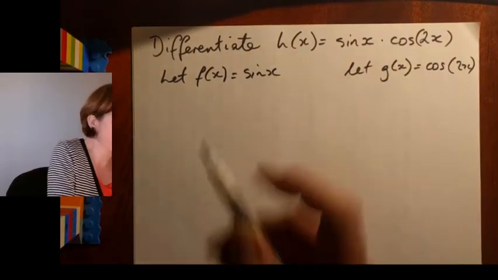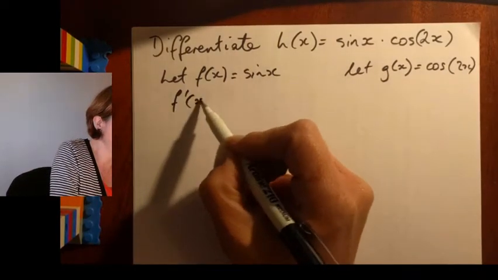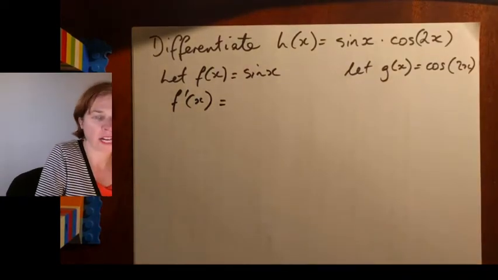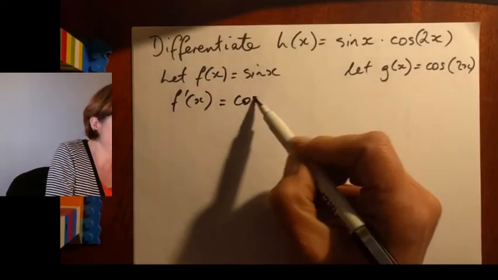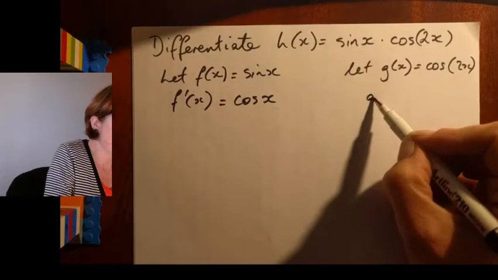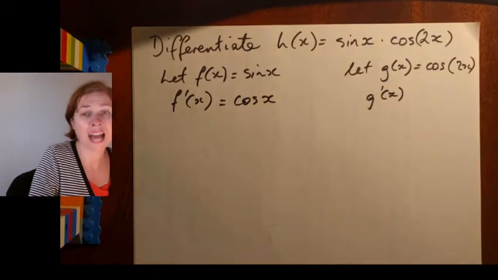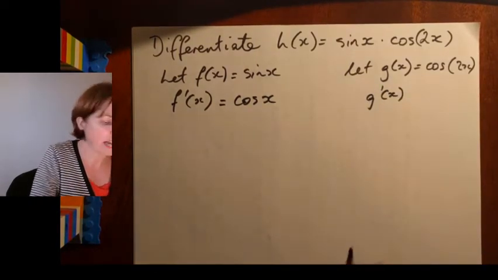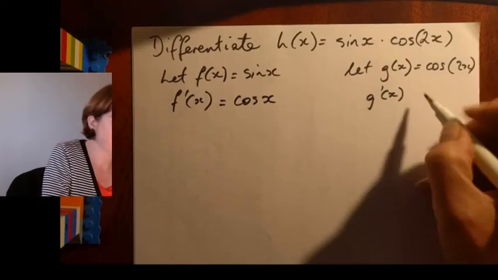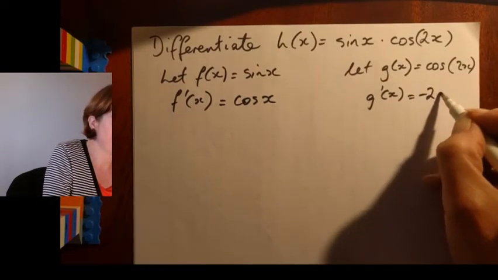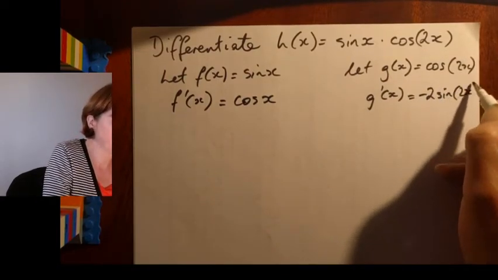And then I'm going to differentiate each one. F dash of x, the derivative of sine x, of course, is cosine x. And g dash of x, the derivative of cosine x is negative sine x. With the 2 out the front, it's going to be negative 2 sine of 2x.